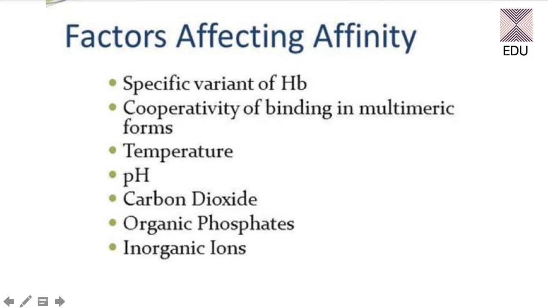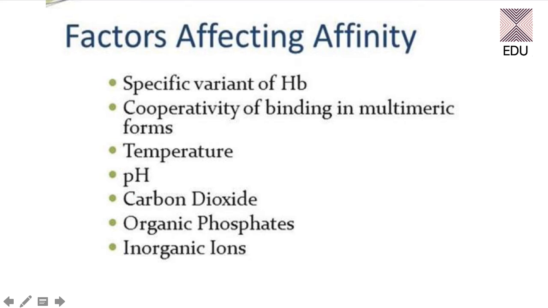The next factor is the pH. pH is again a very important factor, and we'll be taking one or two slides on the pH as the major factor affecting the affinity of the pigments. Next is the carbon dioxide. The partial pressure of carbon dioxide is again a very important factor for the pigments to take up the oxygen.